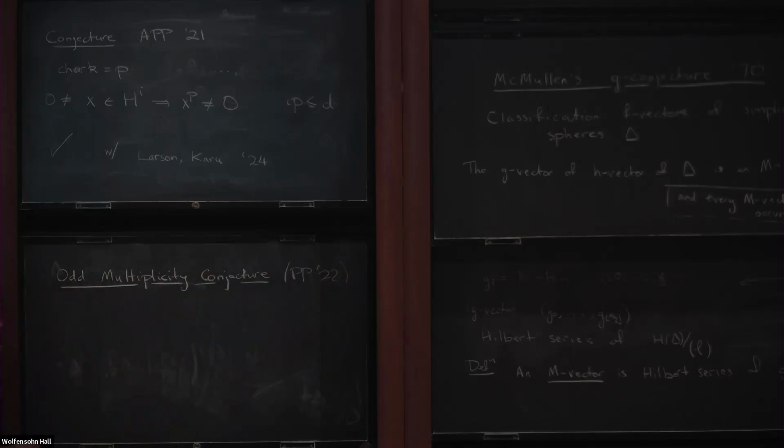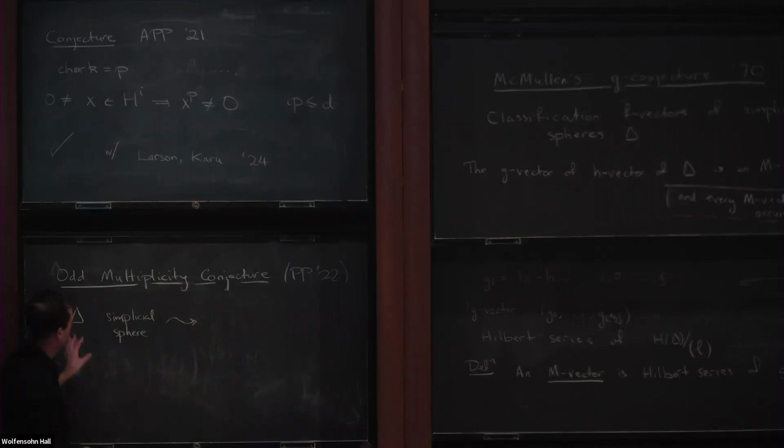They said, okay, I have my delta, which is a simplicial sphere. In McMullen's g-conjecture, you take the f-vector, we classify the f-vectors, but the f-vector is a many-to-one mapping. Many simplicial spheres can have the same f-vector, okay? But what if we work on the commutative algebra side? So we have more information. Is it still a many-to-one map?